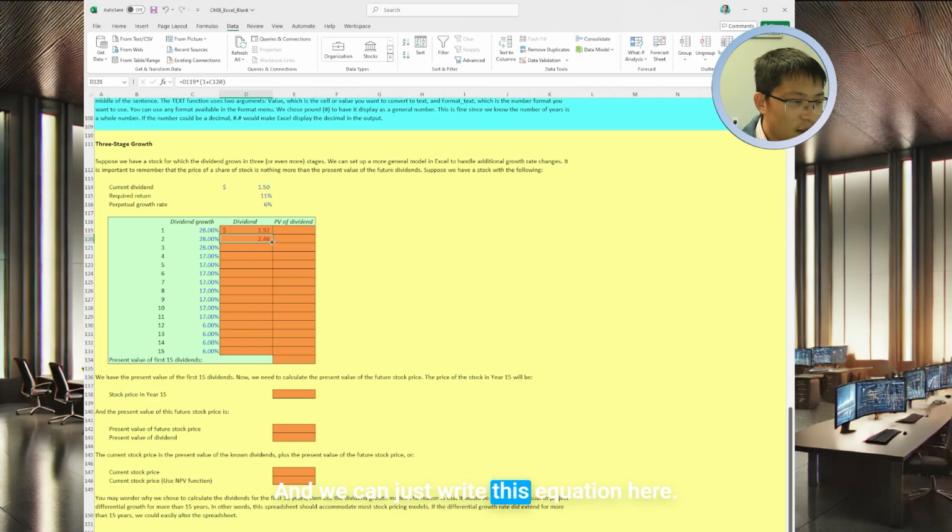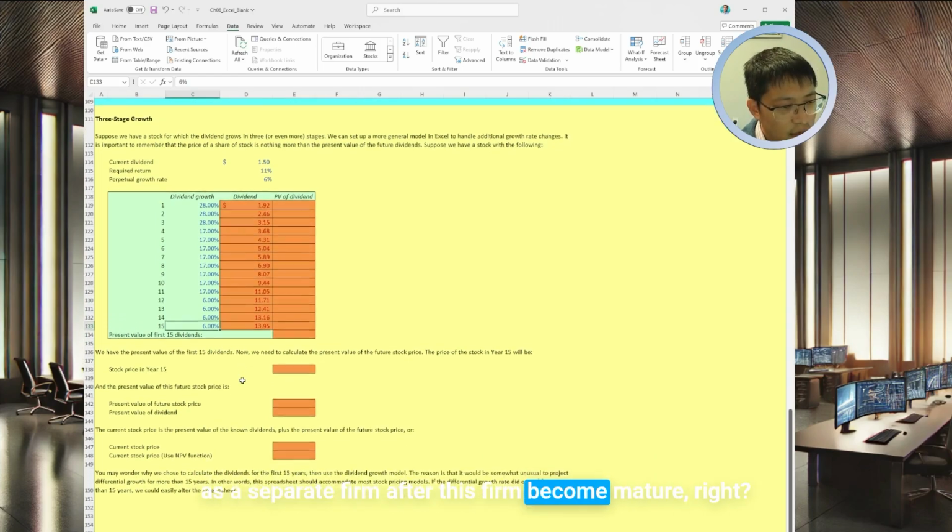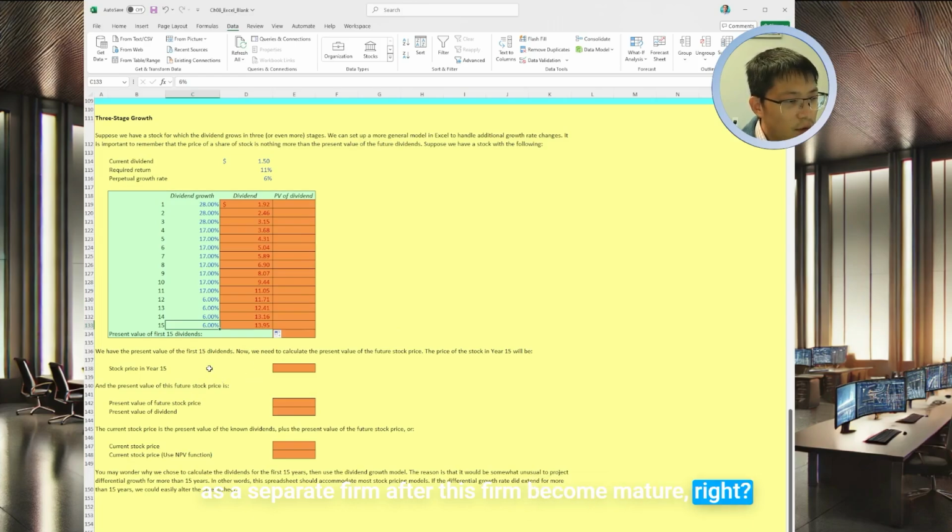We can just grow this to get the dividends for the first 15 years. And we say we can always calculate this as a separate firm after it becomes mature. I will go back to this present value here.